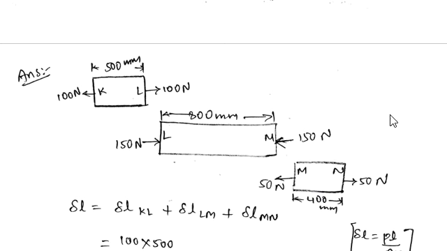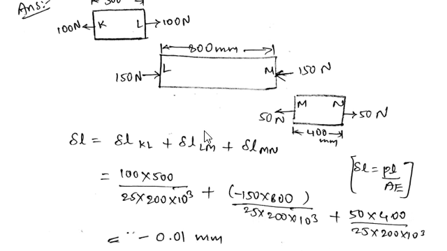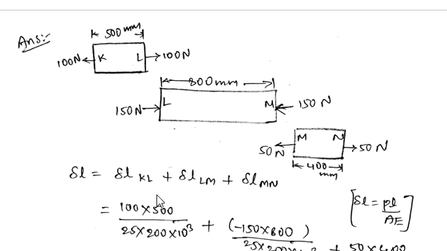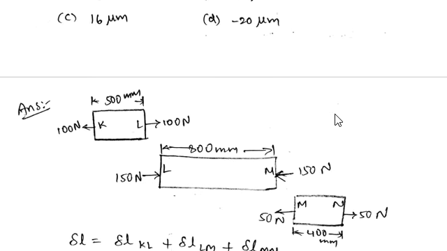After giving the individual loads to the individual segments, find the change in length of each segment and add all of them to get the total change in length. So delta L for KL plus delta L for LM plus delta L for MN, you add to get the total change in the length of the bar.